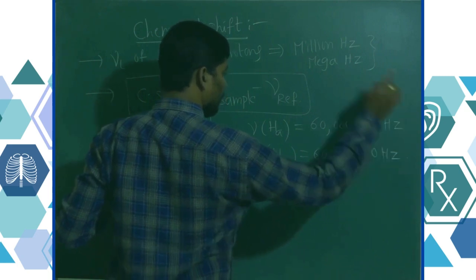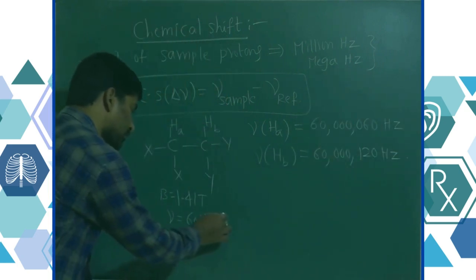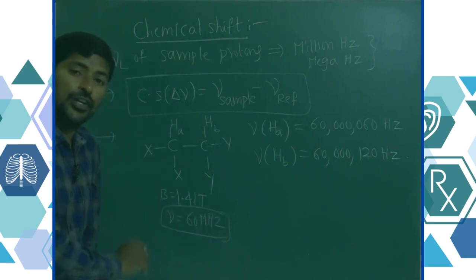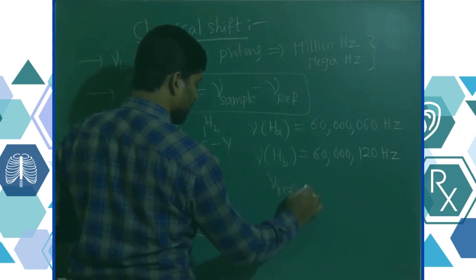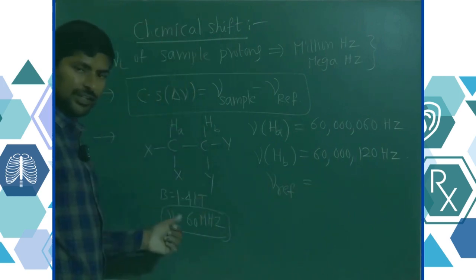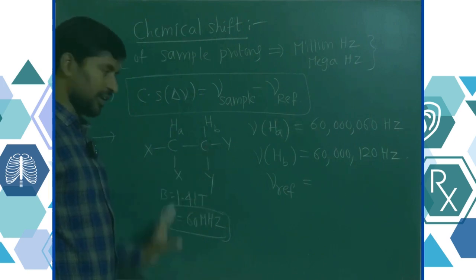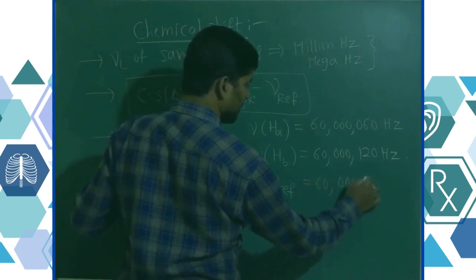Generally, the reference proton frequency is set at the instrument frequency. What is the instrument frequency we are using? 60 megahertz, with applied magnetic field 1.41 Tesla. So the reference proton frequency is 60 million.